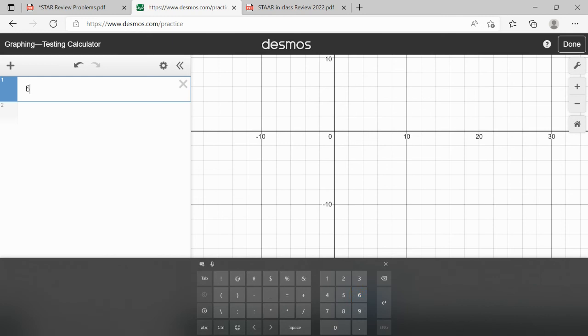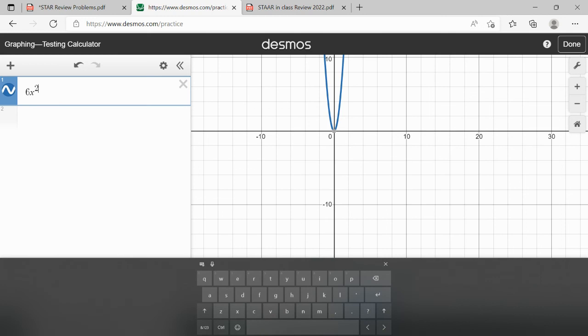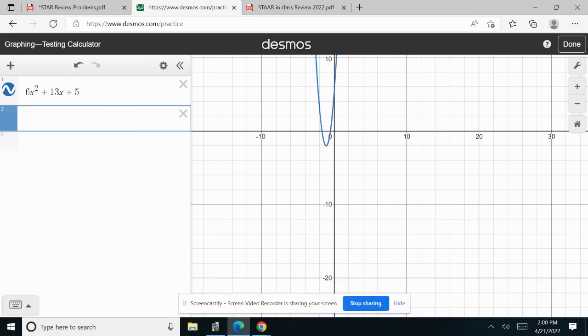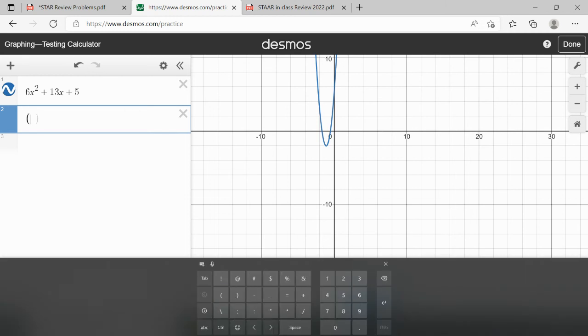I'm just clicking down here. 6x squared plus 13x plus 5. And then I type in the first answer choice. I'm going to see if it matches. 2x plus 5.